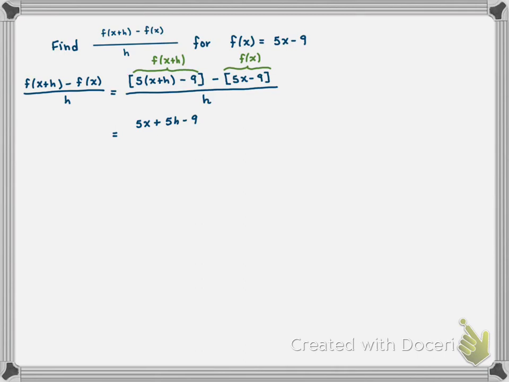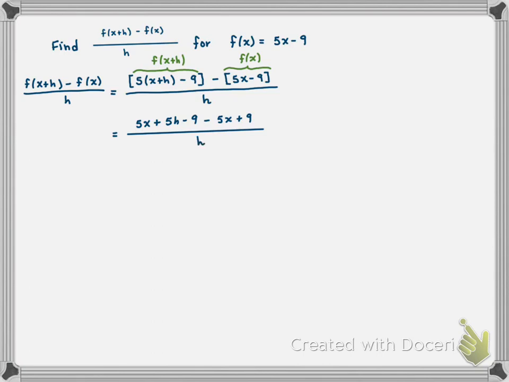Whereas here, I have to distribute that negative in order to get rid of those brackets. So minus 5x plus 9. And that's all over h.